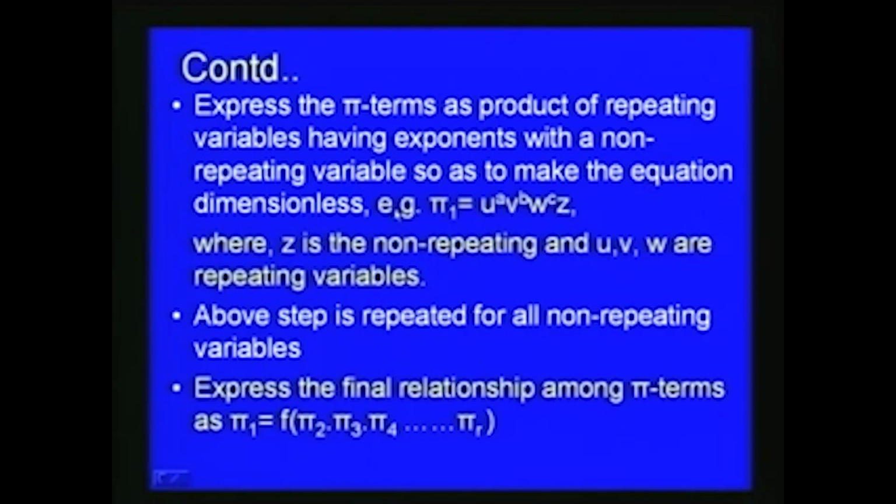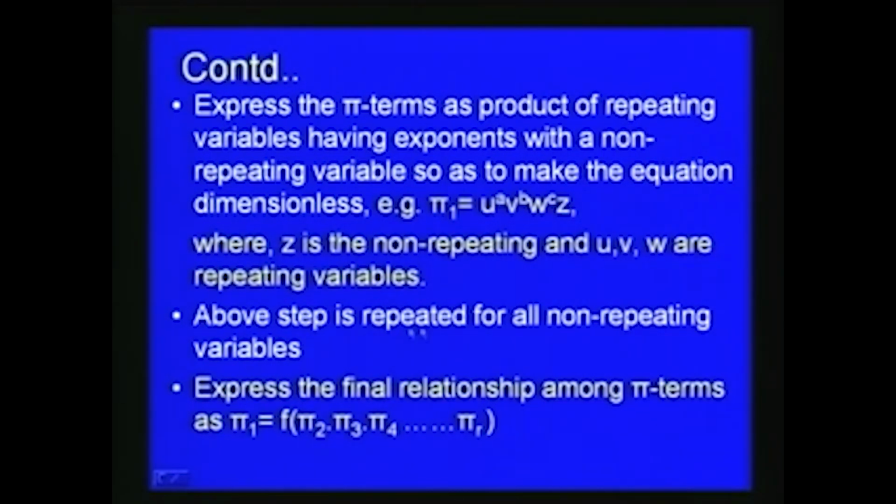Next, we express the pi terms as a product of the repeating variables having exponents, with a non-repeating variable, so as to make the equation dimensionless. For example, pi 1 is equal to u to the power a, v to the power b, w to the power c into z, where u, v, w are the repeating variables and z is a non-repeating variable.